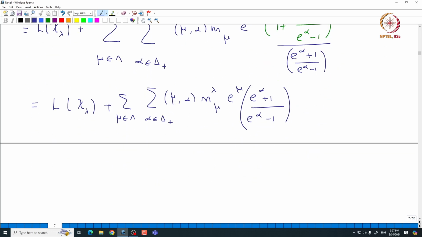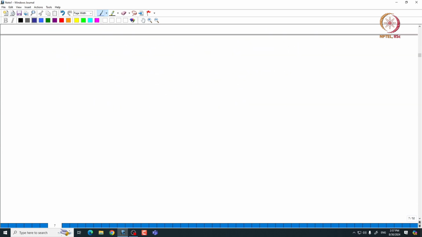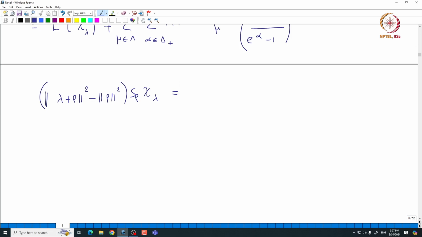Now if you put them all together, we have the following identity. The left hand side is norm lambda plus rho square minus norm rho square times S rho chi lambda, which is exactly equal to, okay, what we are going to do is multiply by S rho, so let us do that later. Let us write chi lambda.